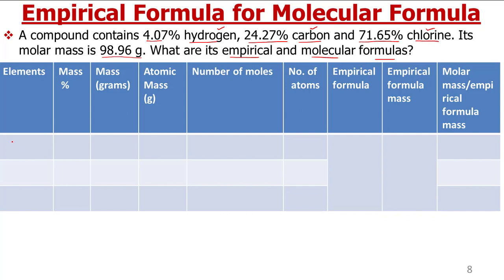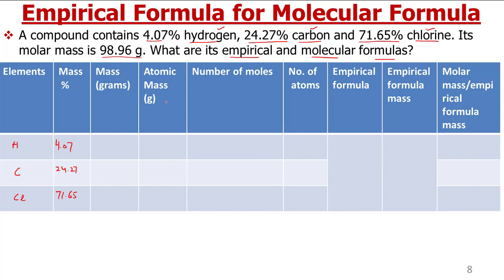So we will write here hydrogen, carbon and chlorine. Then its mass percentage which is given: hydrogen is 4.07%, carbon is 24.27% and chlorine is 71.65%.